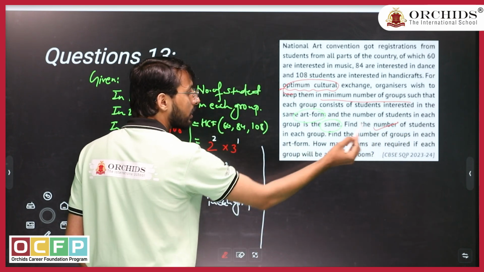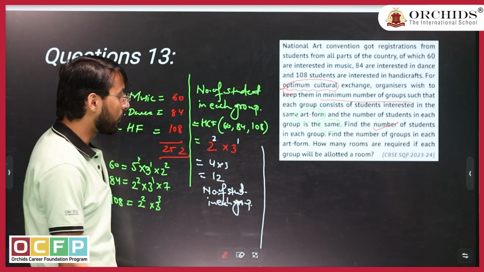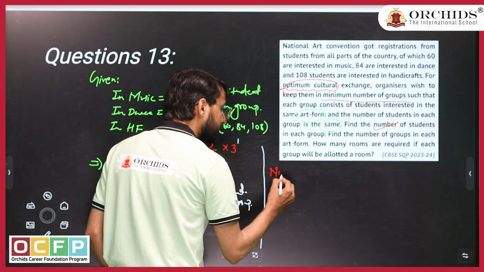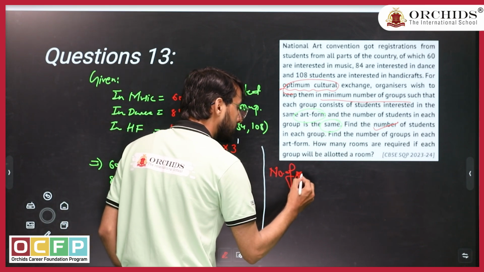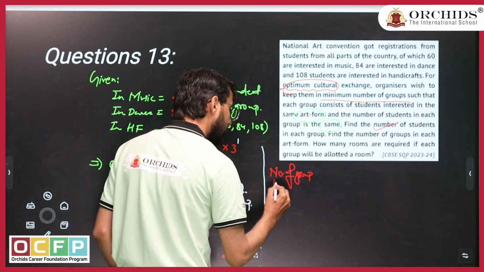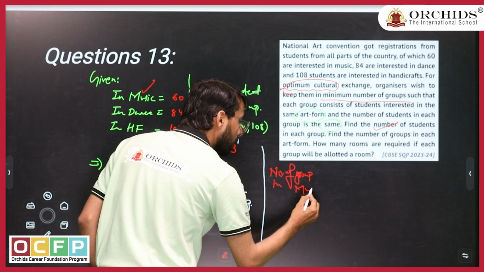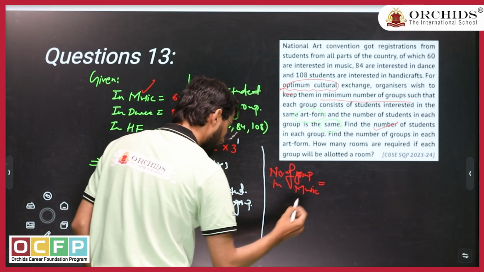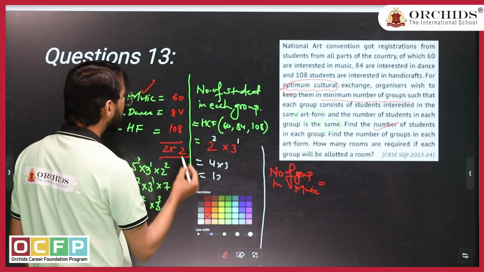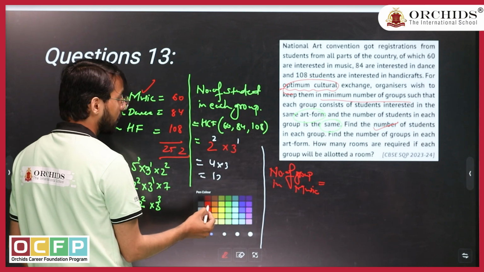Now they are asking to find the number of groups in each art form. So the number of groups in the first one, music, will be what? The total number of students in music divided by the number of students in one group.